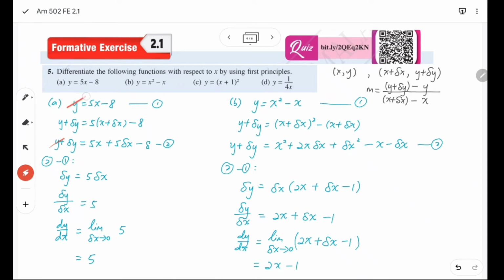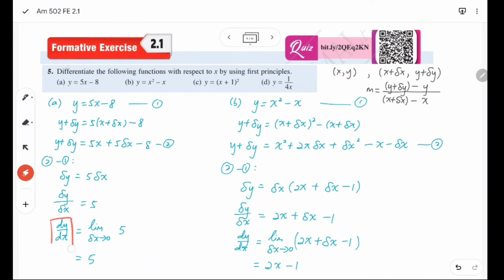Y minus y becomes 0, and we are left with del y. 5x minus 5x is 0. 5 del x remains, since there is no del x in the first equation. Negative 8 minus negative 8 is 0. So we get del y equals 5 times del x.